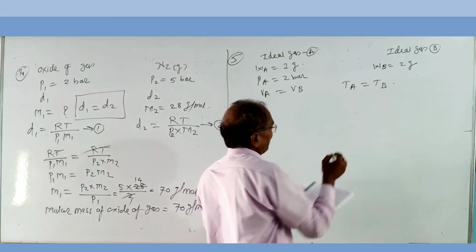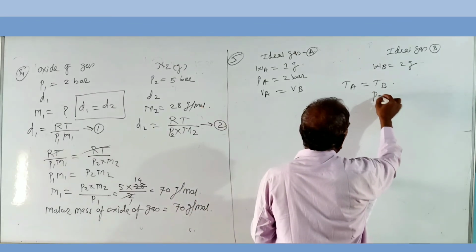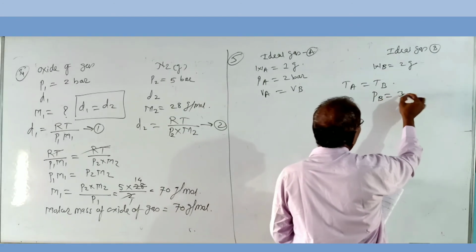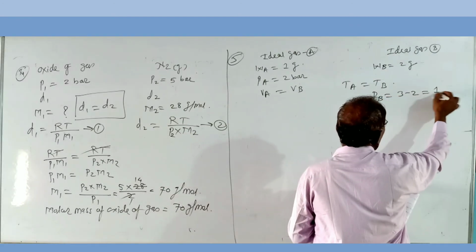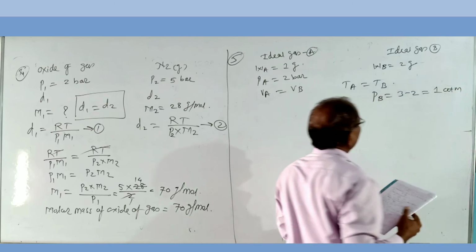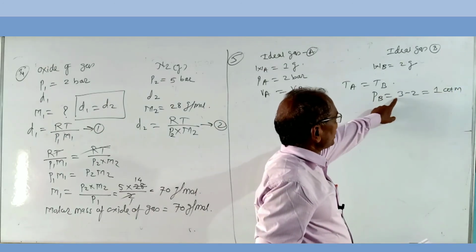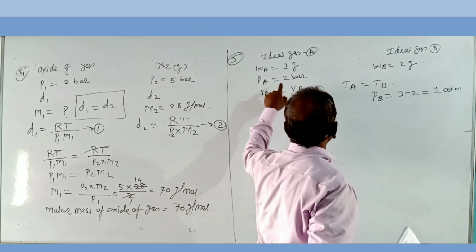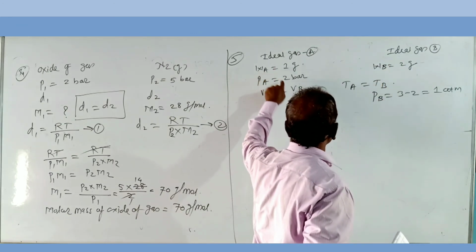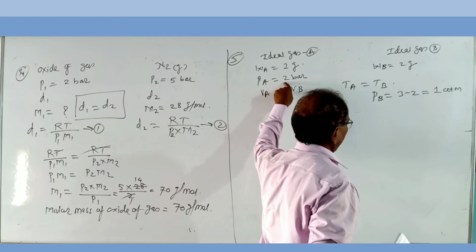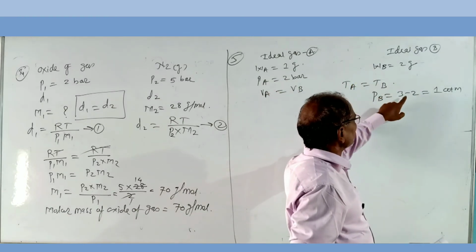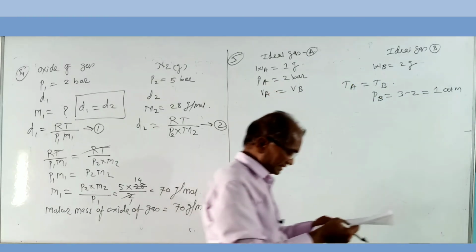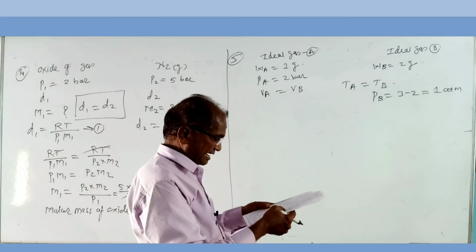Pressure becomes 3 bar. That is, PB is equal to 3 minus 2, is equal to 1 bar. 3 bar pressure after introducing the B gas. But the pressure of A gas initially present in the vessel is 2 bar. Therefore, the pressure of B gas is 3 minus 2, that is 1 bar.